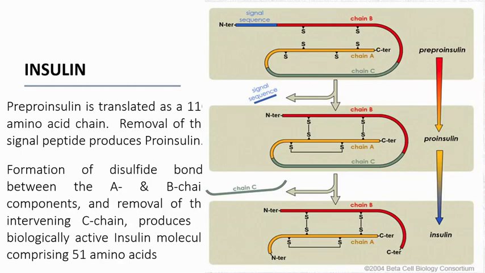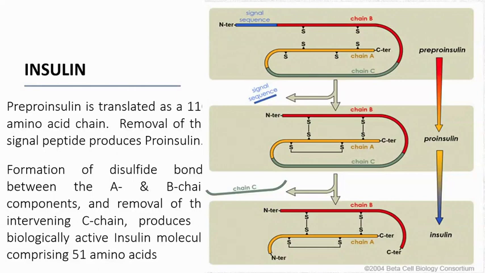When insulin is synthesized from the messenger RNA, it is synthesized in the form of preproinsulin, and it has a signal sequence at the N terminal of the polypeptide. So the first thing done is that the signal sequence is cleaved off. And when the signal sequence is cleaved off, there will be formation of disulfide bonds from the cysteine molecules that you have in the sequence.